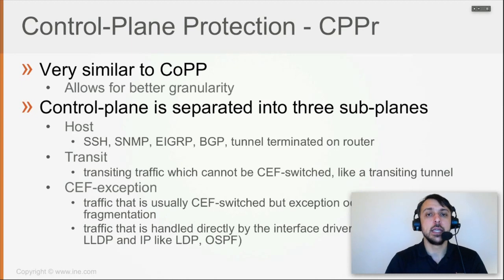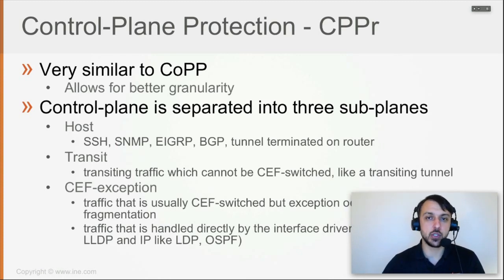There are platforms that do everything in hardware or in CEF, but they cannot offload and CEF switch a GRE tunnel, for example. So a transiting GRE tunnel may be process switched by specific platforms, which means it belongs to the transit subinterface.